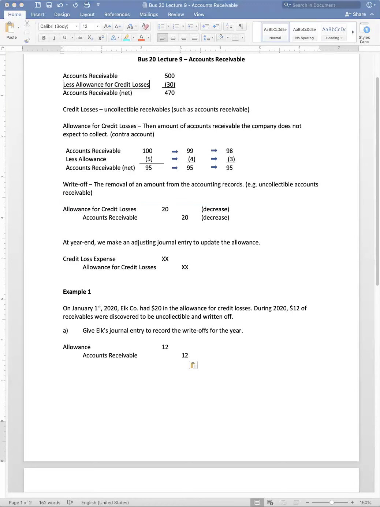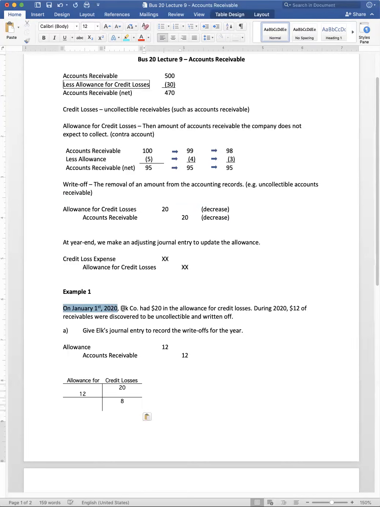Now let's take a look at the T account for the allowance for credit losses. It says in the question that on January 1st, they had $20 in the allowance. We know that's a credit because remember, it's a contra account to the accounts receivable. So the receivable is going to be a debit, the allowance is going to be a credit. So we know it starts with a credit.